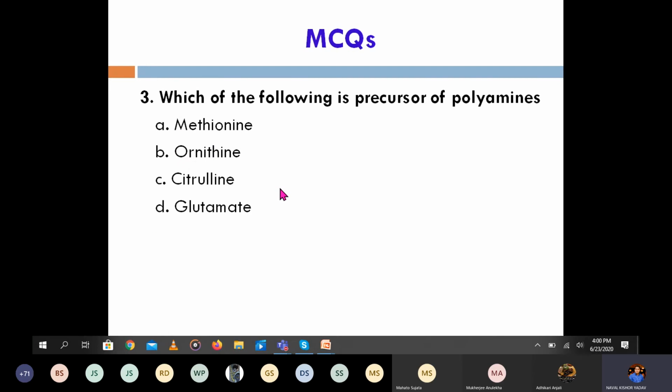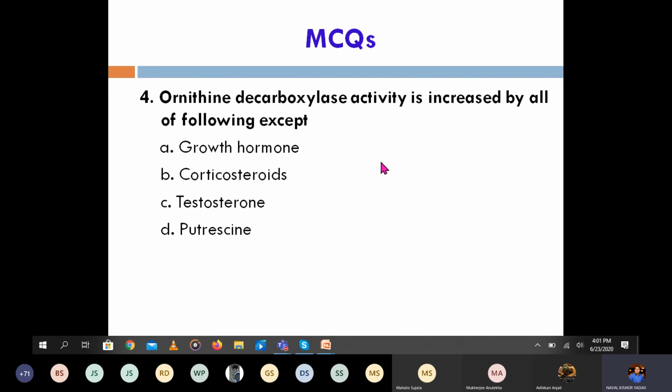One example you can take is DFMO, difluoromethylornithine. This is the inhibitor of the enzyme ornithine decarboxylase, which is the first enzyme in polyamine biosynthesis.